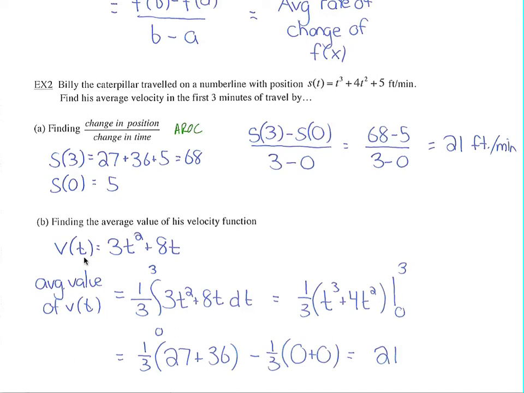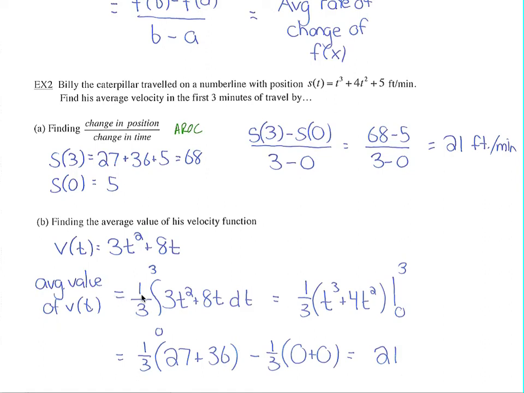So the derivative of our position function is the velocity. We take the derivative of this here and we get 3t squared plus 8t. So if we're finding the average value of his velocity function, we're looking for the average velocity. So this describes his velocity over time.